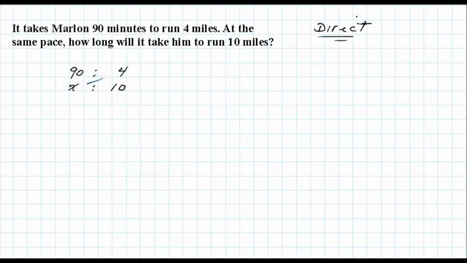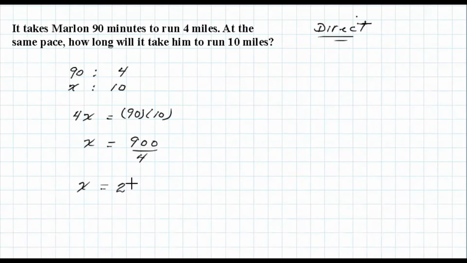In doing that, what I'm going to get is 4 times x, which is 4x, equal to 90 times 10. And so then if I finish this out, I'm going to get that x is equal to 225. And if I forgot what I'm looking for, let's go back to the problem. This is minutes.